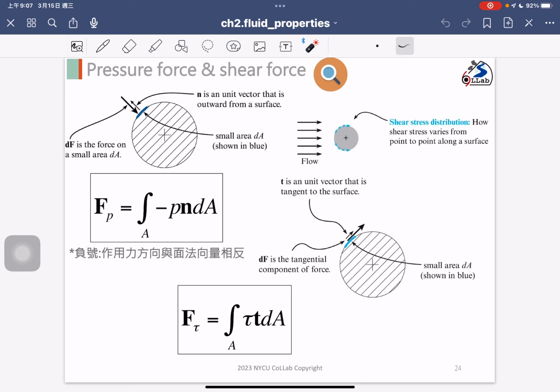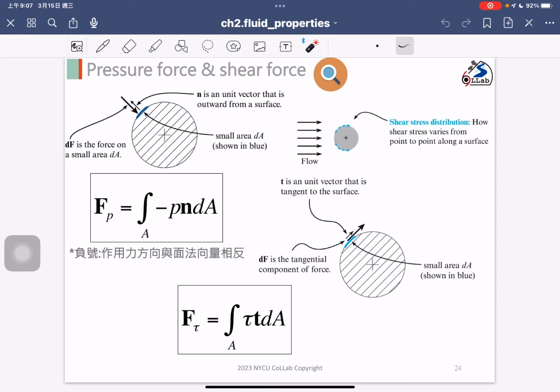For the normal stress, as we always mention in the following classes, we call that pressure, and we want to calculate the pressure force. You should know it is the pressure multiplied with the normal vector of the associated surface.